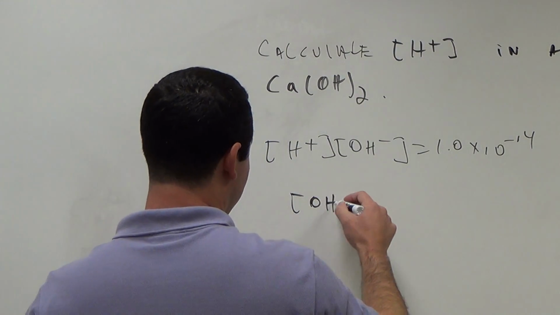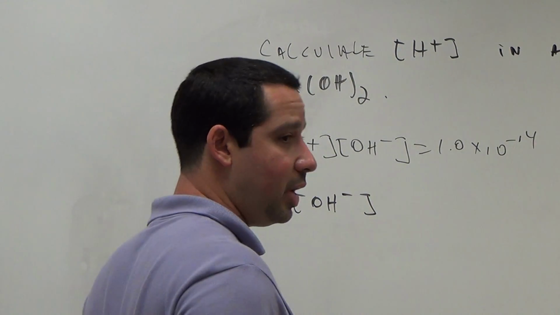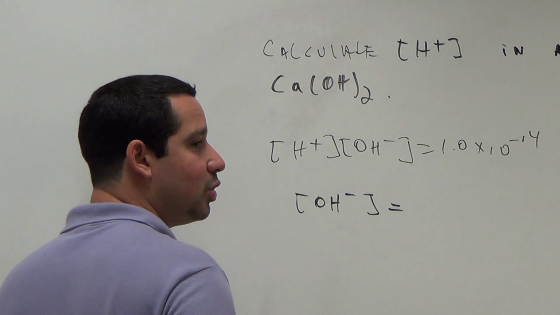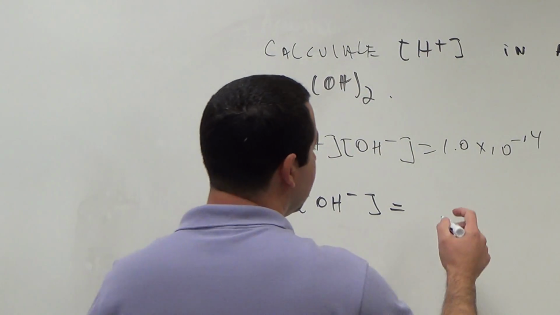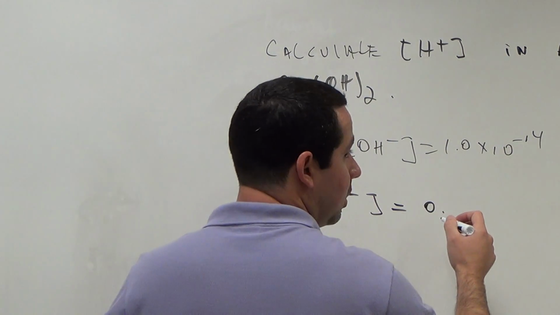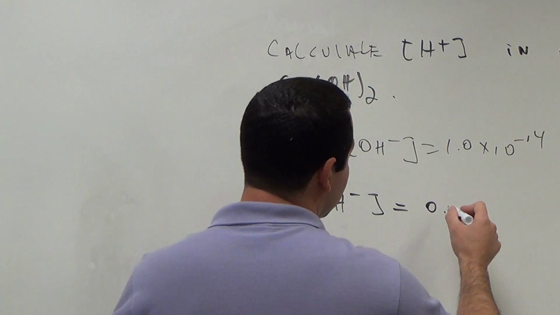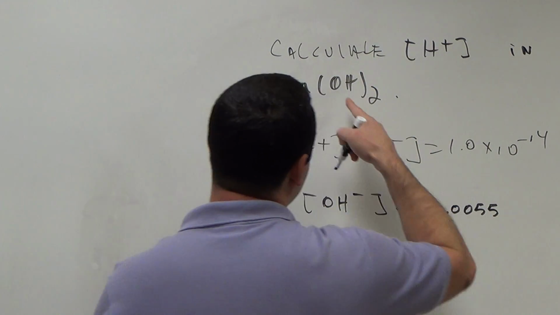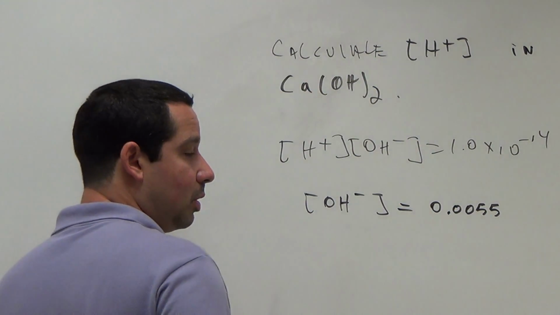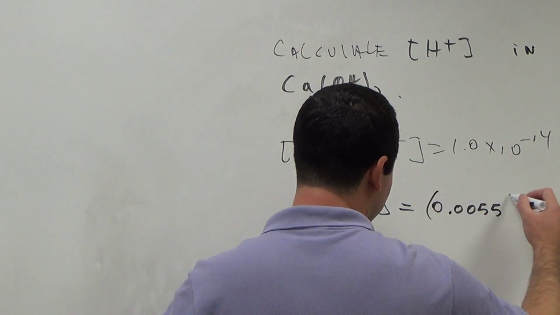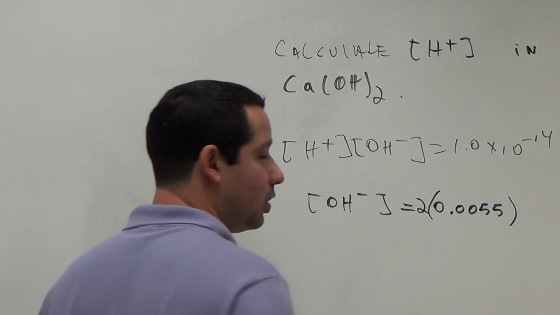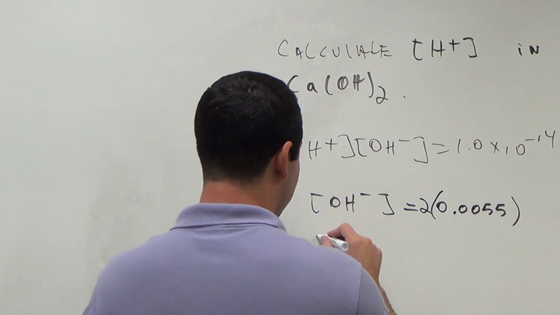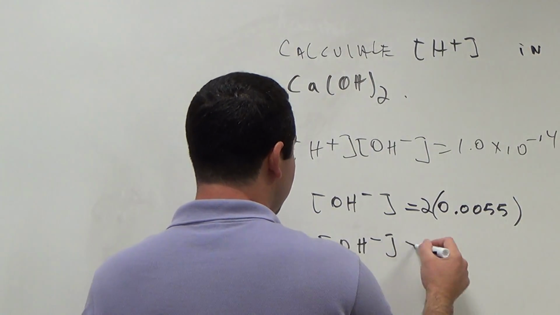So, calcium hydroxide is a strong base. So the concentration of OH minus is going to be equal to what? 0.0055, but there are two OHs there. You gotta multiply this by 2, just like the van't Hoff factor, yes or no? You guys should be ready for this. So OH minus is equal to what?